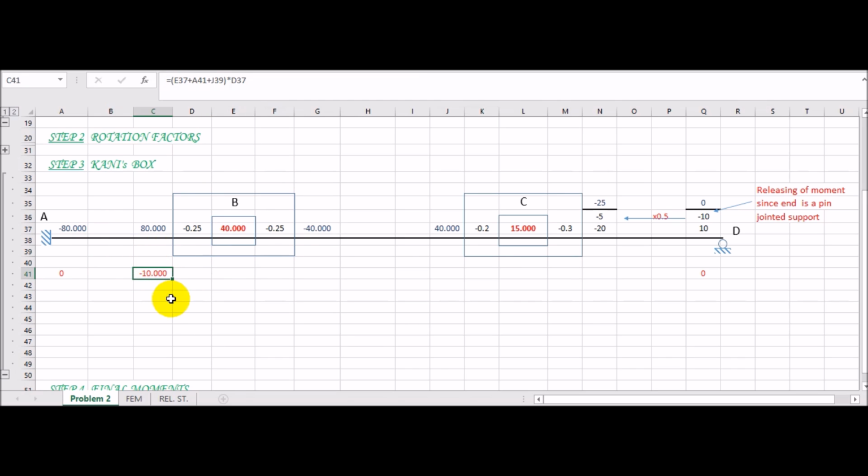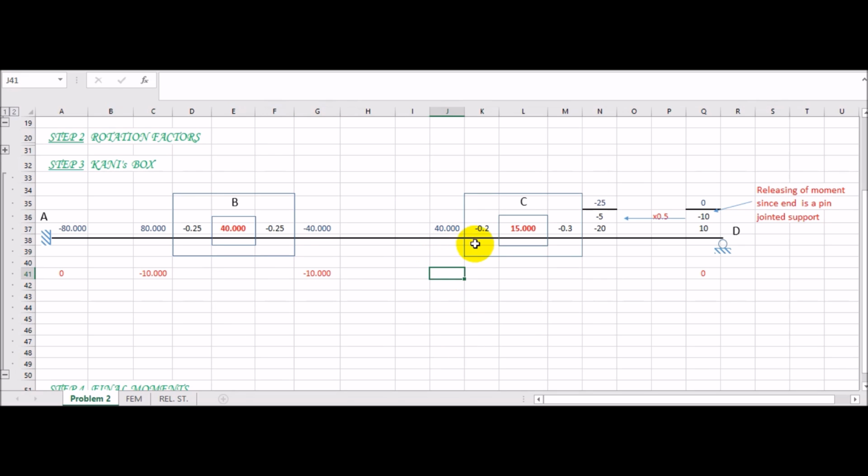It is very simple, only one formula you have to use everywhere: summation moment plus latest iteration value of left support plus latest iteration value of right support. Since A is to the left of B and C is to the right of B, that is the reason for left support and right support. Since there is no value here, it is taken as 0. Into the rotation factor of BC, we get the iteration value of BC.